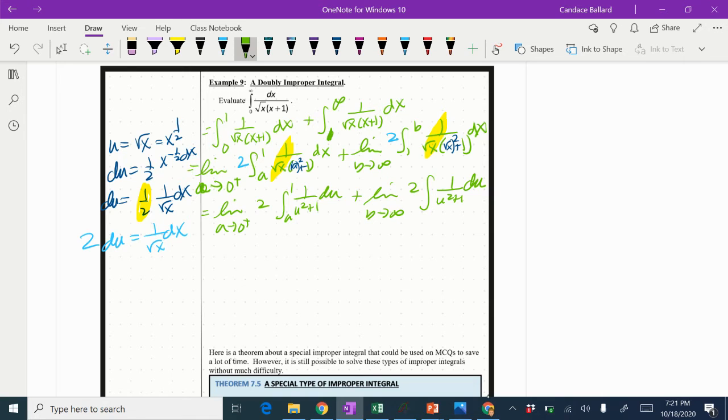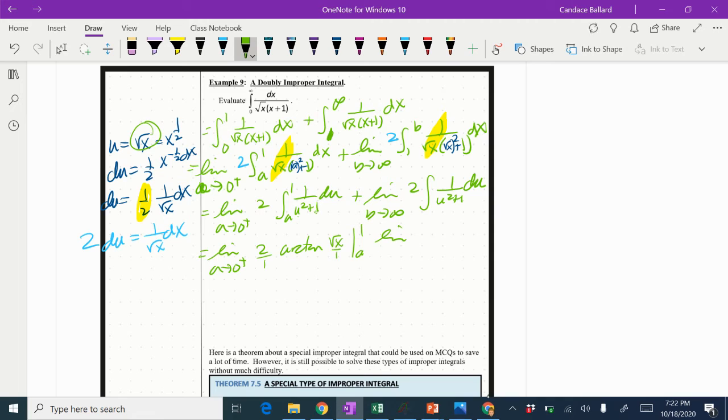All right, we're going to go ahead and integrate. We know that that's the arctangent, so I end up with the limit as a approaches 0 from the right of 2 arctangent of u over a, which is 1 over 1, so 2 times arctangent of u, which in this case our u is the square root of x, from a to 1.